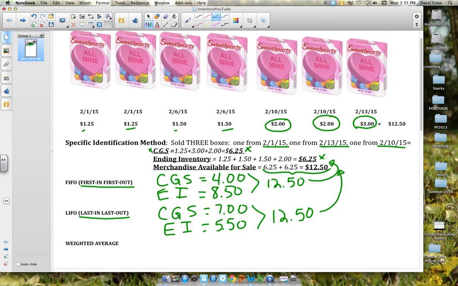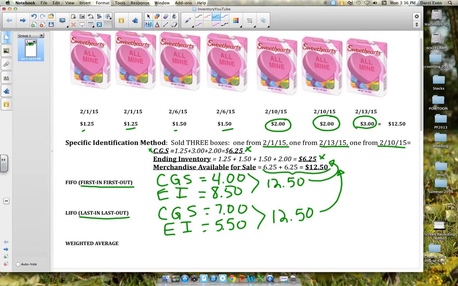Now, what would make someone decide to use FIFO or LIFO? Well, first in, first out would be used by a business where the merchandise gets old. So like fruits and vegetables. You want to sell the ones you bought first. And so you rotate things, putting the older things up in front, hoping that customers will take those, and that way they won't go to waste.